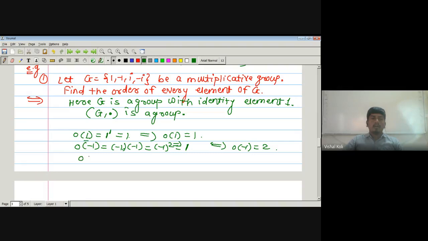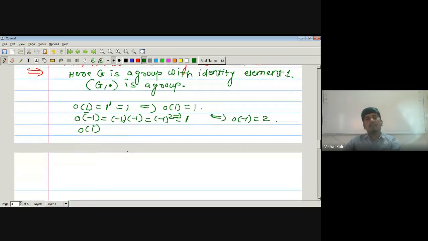Now, order of i. If we multiply i one time, it is i, which is not equal to 1. But i into i is i square, and the value of i square is minus 1, which is again not equal to 1. But i cubed, which is equal to i into i square, and i square is minus 1, so it is i into minus 1, which is minus i.